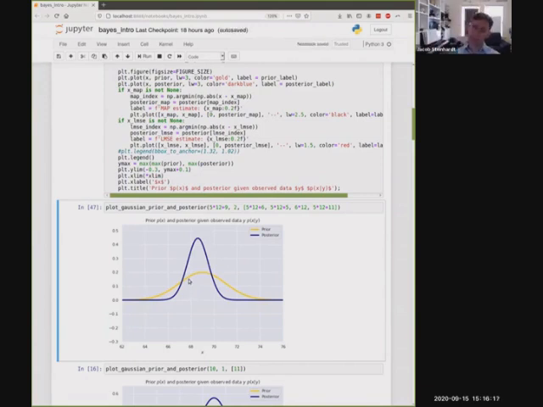But the interesting thing is I've concentrated my uncertainty more. The posterior is narrower than the prior because I've gotten this extra information about people's height, and so now I should be less uncertain. So that's just an example of how things might work out in another case, in this Gaussian case. Are there questions about that?